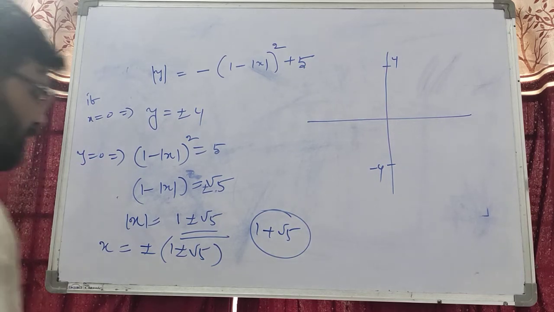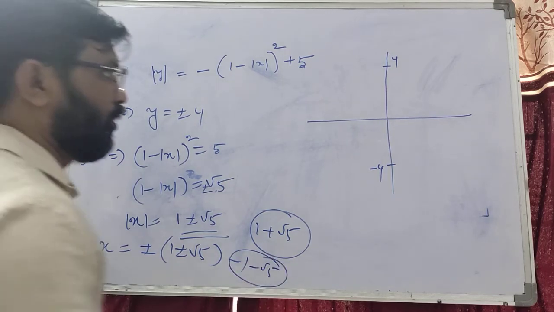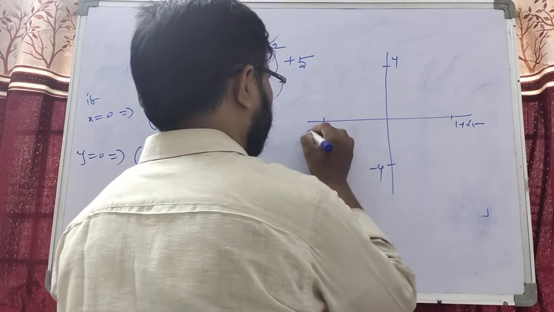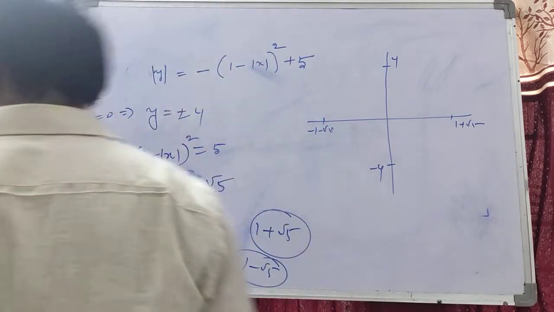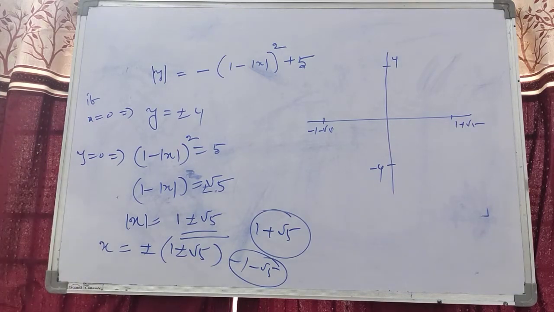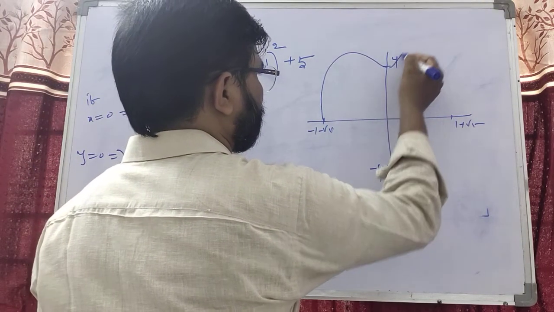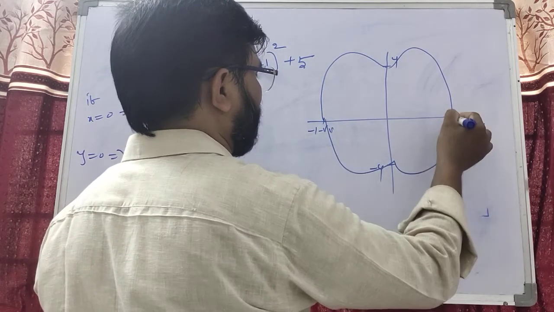The minimum value is minus 1 minus root 5. Therefore we can draw the graph like this, students. Here the graph will become like this. So dear students, you will try the graph here.